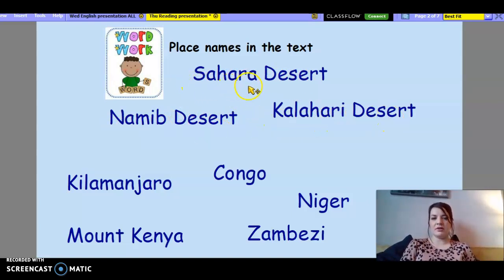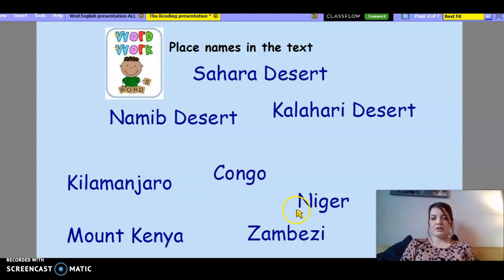So Sahara, Namib, Kalahari. Then over here, these aren't deserts. I wonder if you know what these are. We've got Kilimanjaro and Mount Kenya. Do you know what those are? Those are the names of mountains in Africa. And then we've got 3 names of something else.